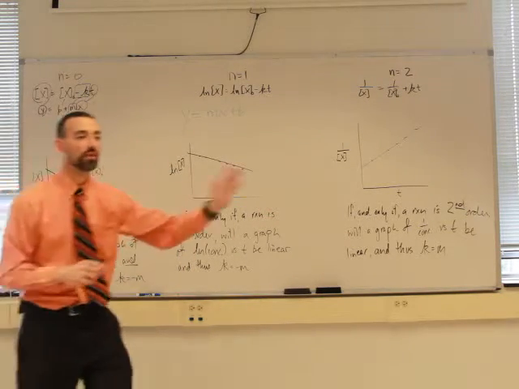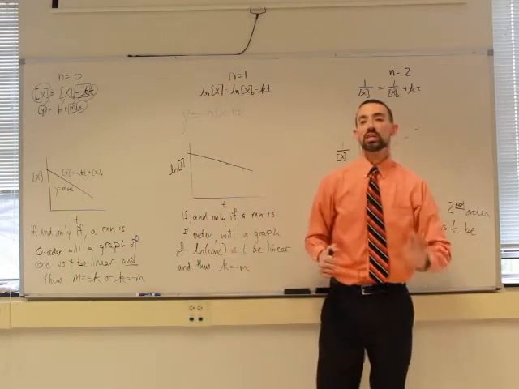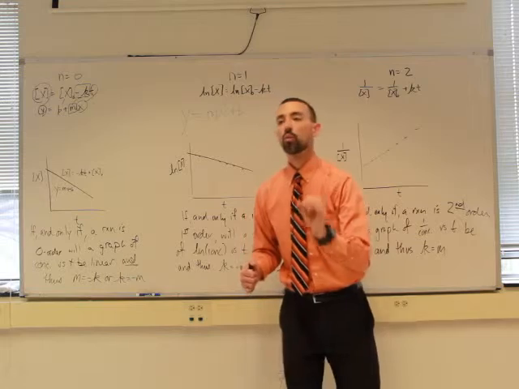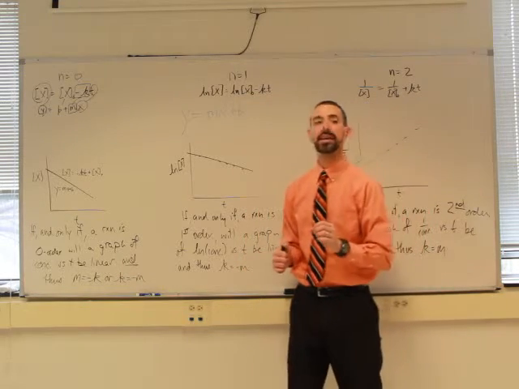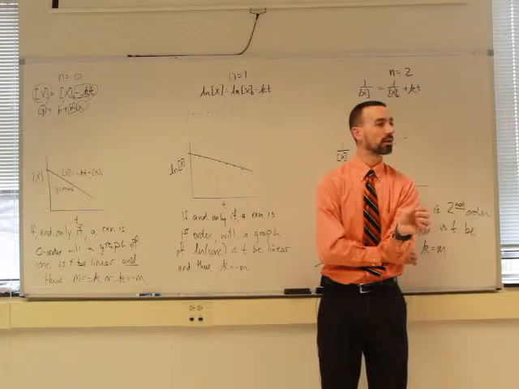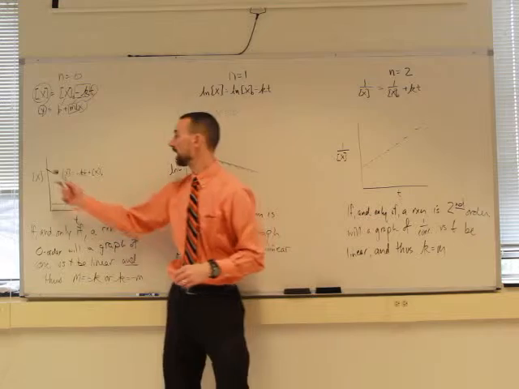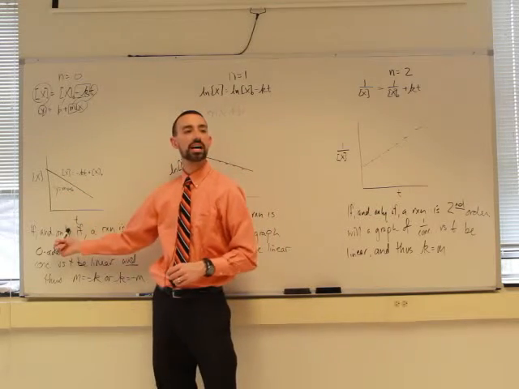Now, there are third order and fourth order, but we're limiting ourselves to 0, 1, and 2. So if we don't know what a reaction's order is, a new way that we can find the order and the rate constant is to collect concentration versus time data.